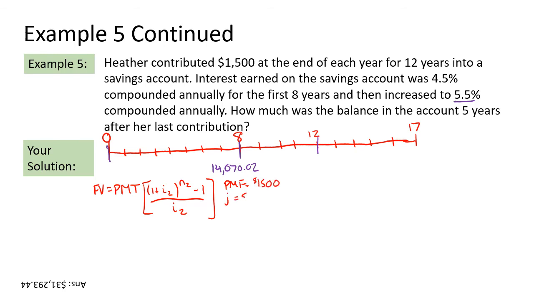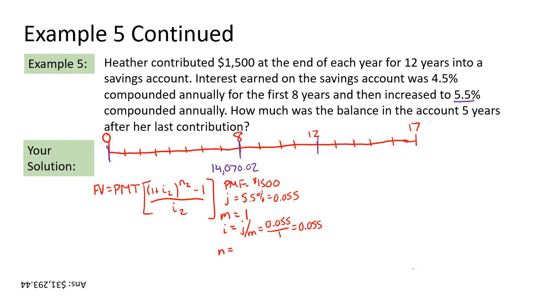Our nominal interest rate has changed to 5.5%, which is 0.055. Again, our value for M is not changed, it's just 1, annually. Remember, because the compounding period frequency and the payment period frequency are the same, this is an ordinary simple annuity. So our periodic interest rate I is equal to J divided by M, which is 0.055 divided by 1, or just 0.055.